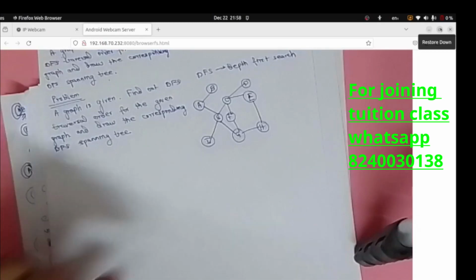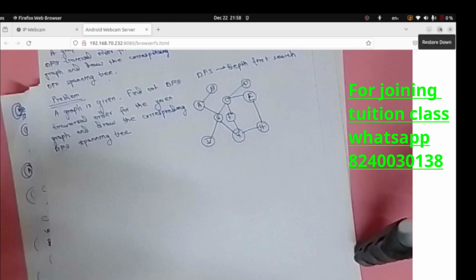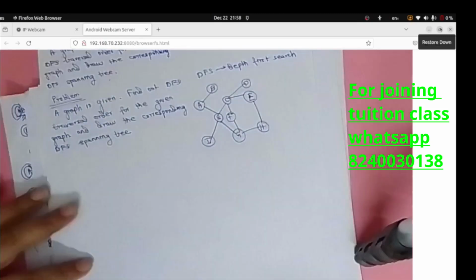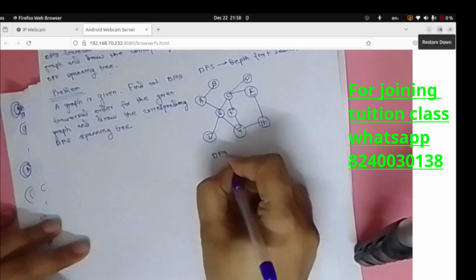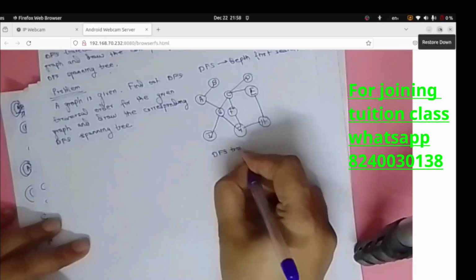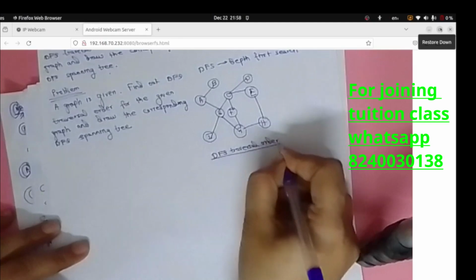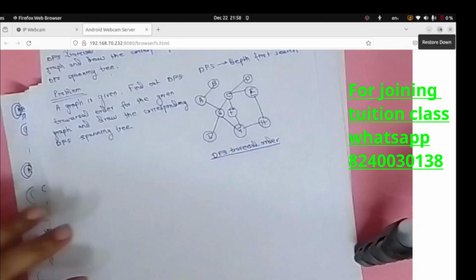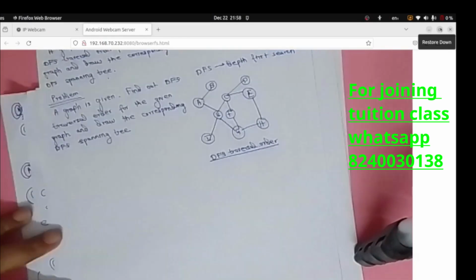So in which order will the vertices be traversed? We will follow the depth first search technique for traversing the vertices, and the corresponding vertex sequence is known as the depth first traversal order. That means we have to find a sequence of vertices, and draw the corresponding depth first spanning tree.